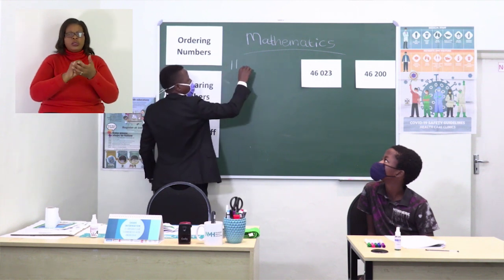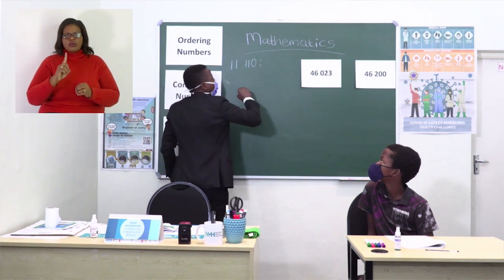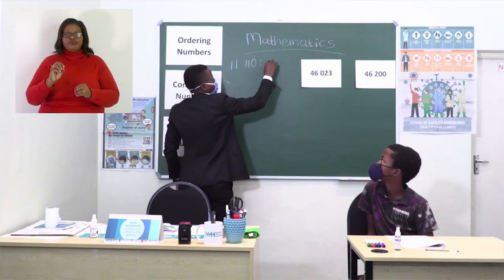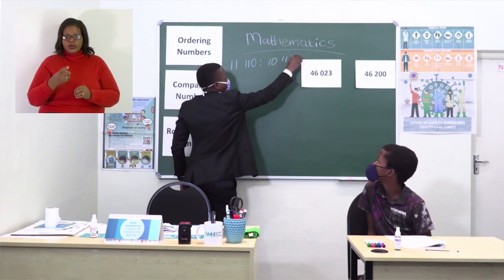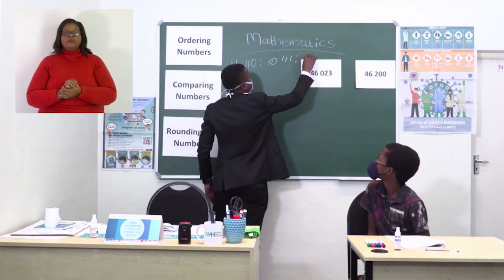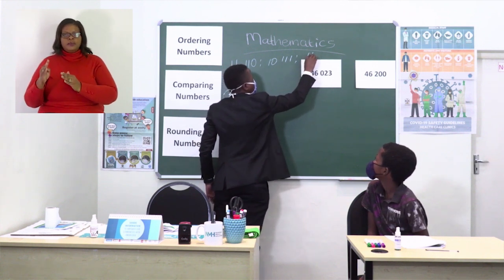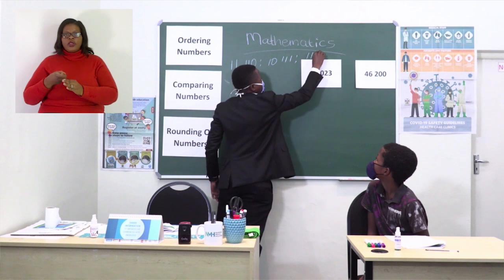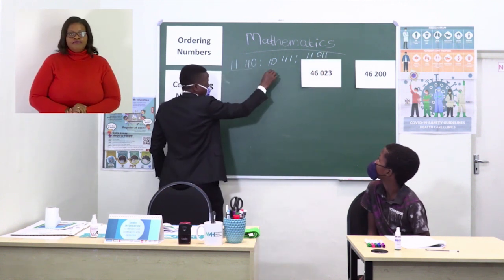I'll start with 11,110. Maybe compare that to 10,111, and then I'll have another one which is 11,011. So I'm having 3 numbers.